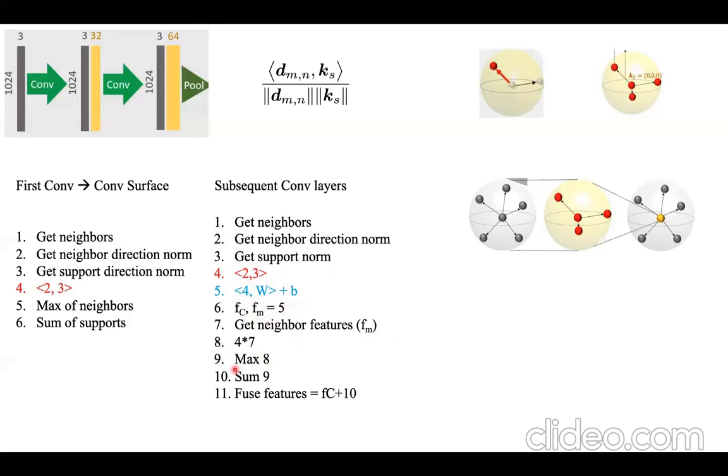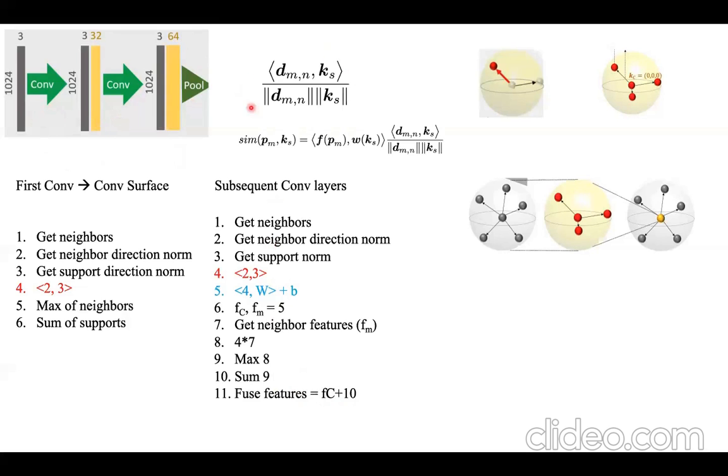At this stage each node has a huge set of features, and they take the max over the neighbors, and then of course add them if there are more supports. And they will again fuse back the neighbor features with the center features. That's how each node has its own features fused along with the features from the neighborhood. Okay, so with this we have the first two parts from this block. Now let's look at how max pooling happens.